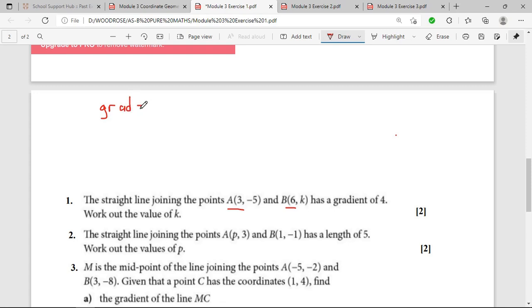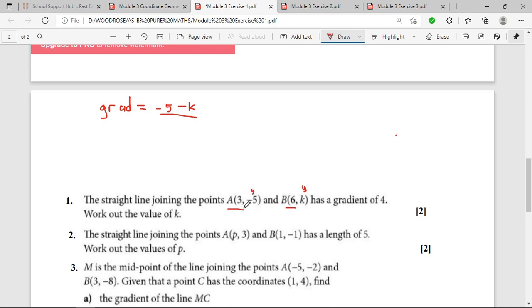That is y2 minus y1 over x2 minus x1. We subtract the y values, this y and this y. That is the change in y: minus 5 minus the other y, which is minus k, so minus 5 minus k, over the change in x.